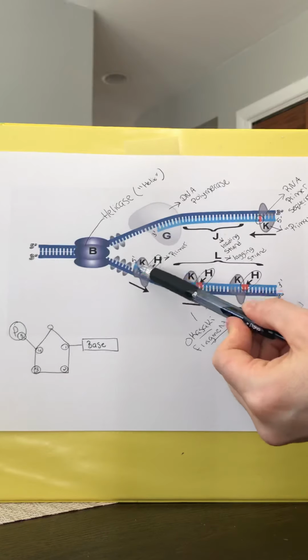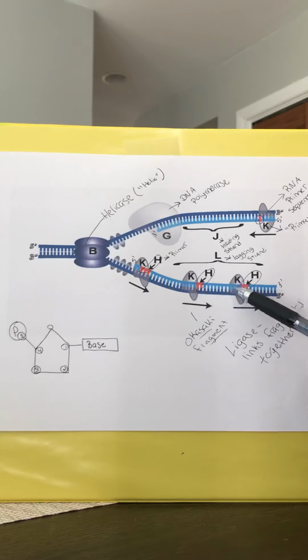DNA polymerase will then come and start to lay down new nucleotides on the lagging strand in these fragments. Once all the fragments have been placed, DNA polymerase will go back and remove all of the red bits, which are the RNA sequences, replace them with DNA sequences, and ligase will link all of the fragments together.